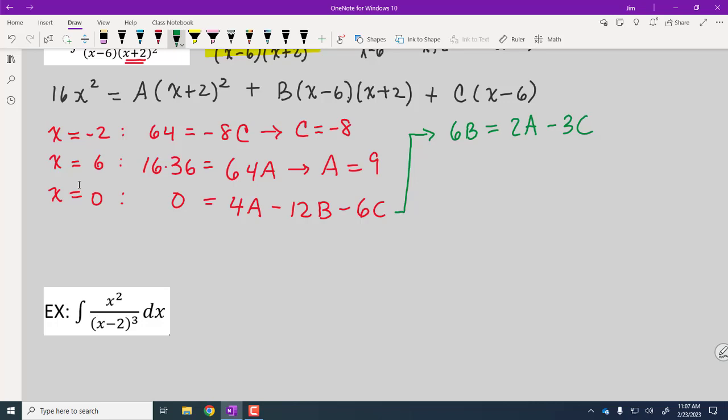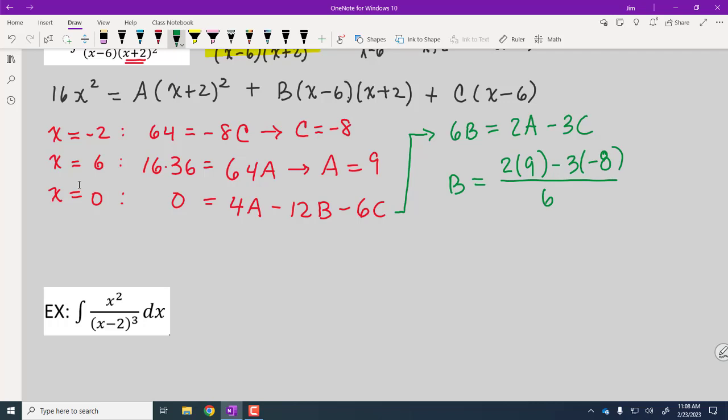And what do you think we're going to do next? We'll divide by 6. And we'll also plug in the values we know. Exactly. We know the a, we know the c. Let's plug those in. So b is going to be 2 times a, so that's 2 times 9 minus 3 times -8, and then divide by 6.